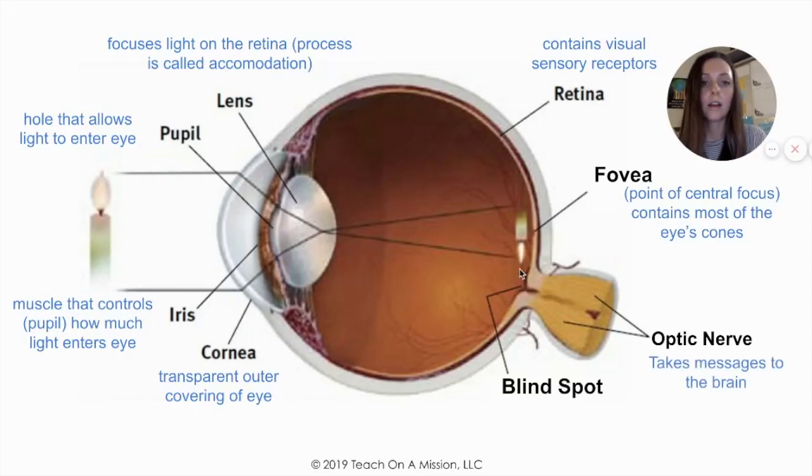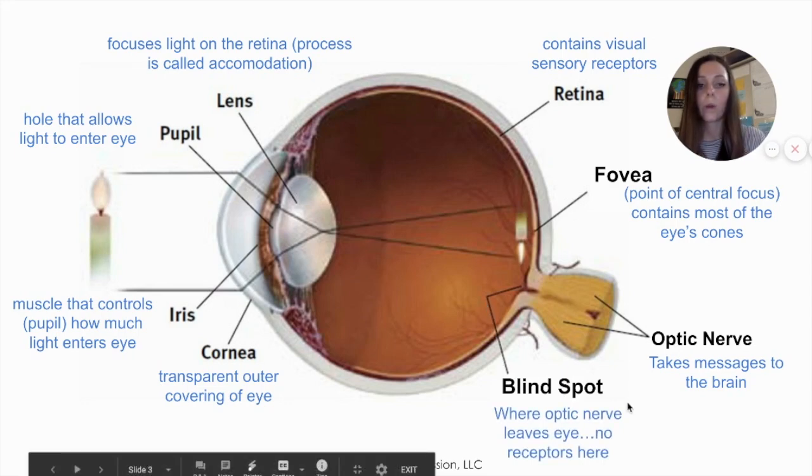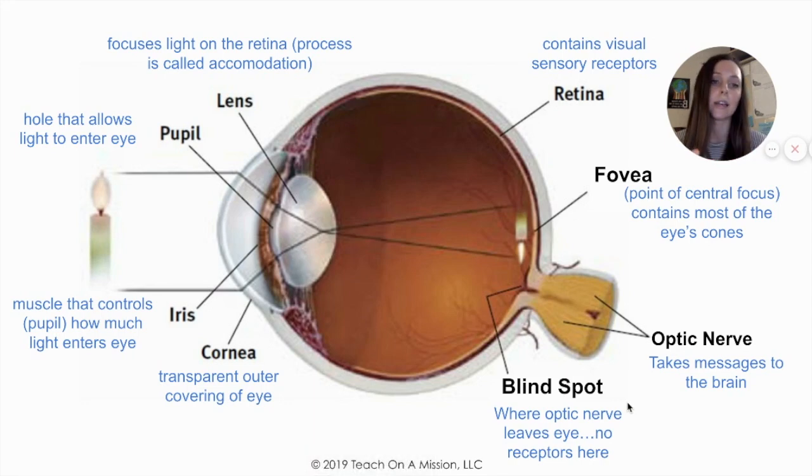And then all of those neural impulses that get sent from the retina, they get sent to the optic nerve, and that takes the message to the brain. And then you have a blind spot. So where all of the receptors come together to create that optic nerve, you have a blind spot. There's no receptor there.